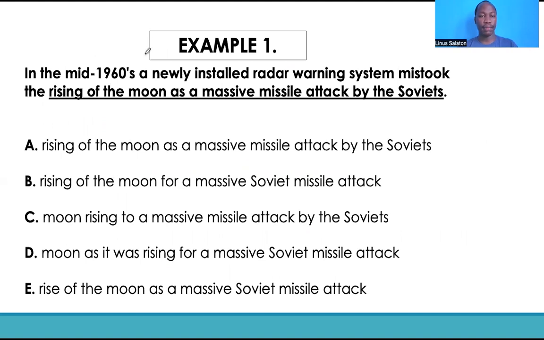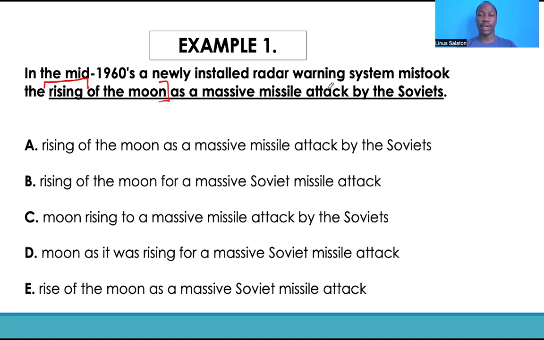We can already tell that we have a verb in gerund form describing, in this case, more or less an adjective. So the rising of the moon, right? This is more or less a noun phrase where you have the adjective and the noun in it.